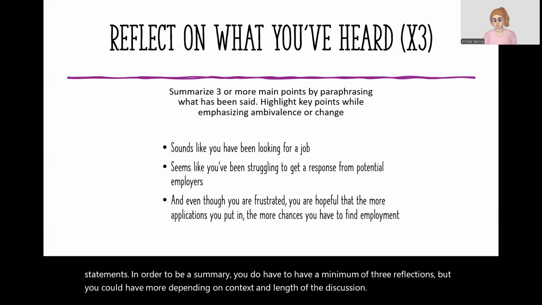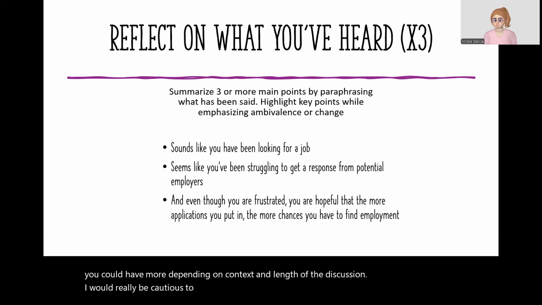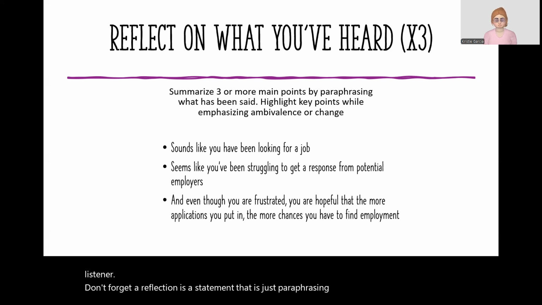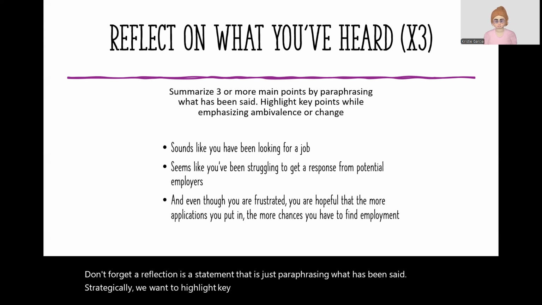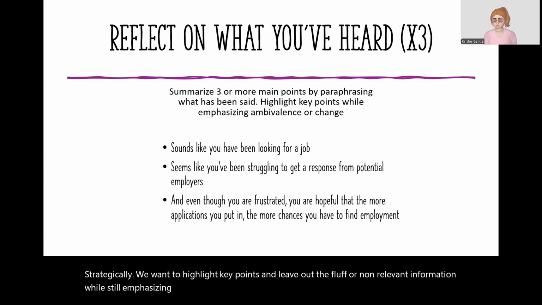I would really be cautious to not use too many so that we don't overwhelm or overload the listener. Don't forget, a reflection is a statement that is just paraphrasing what has been said. Strategically, we want to highlight key points and leave out the fluff or non-relevant information while still emphasizing or highlighting any ambivalence or change.